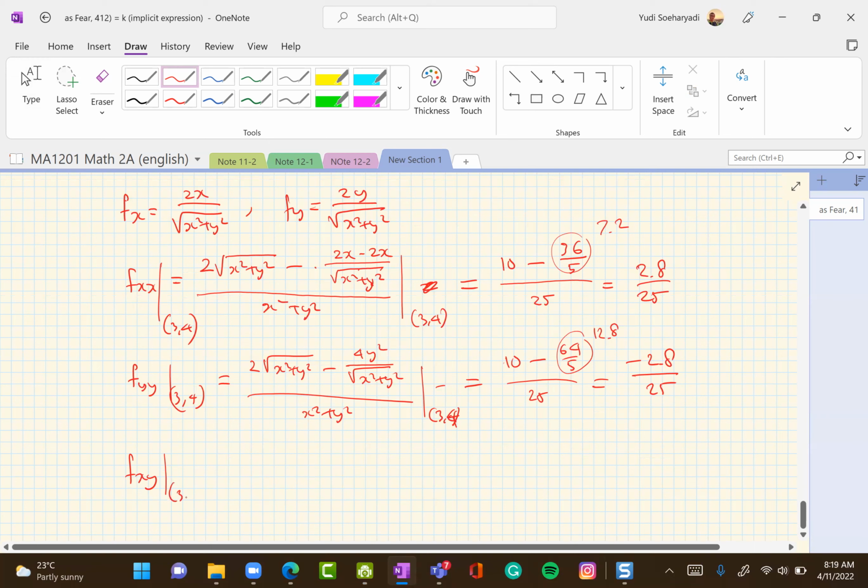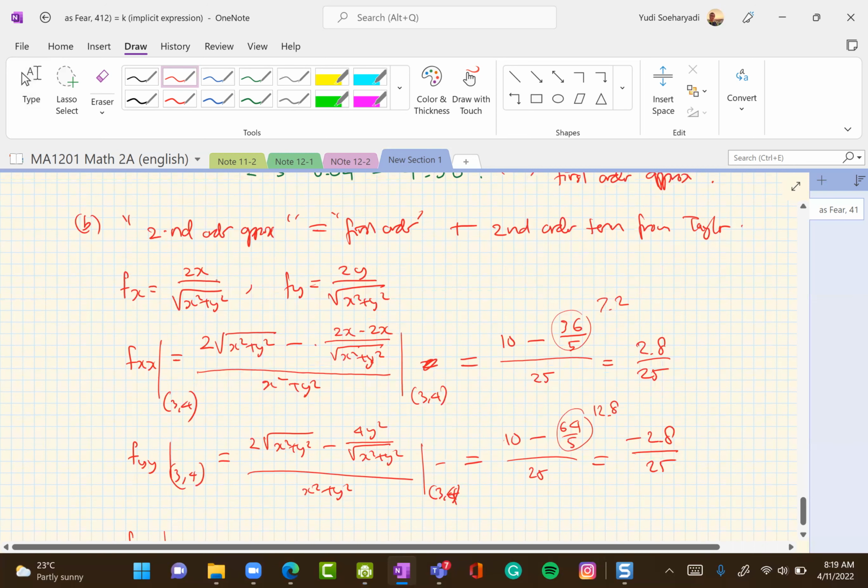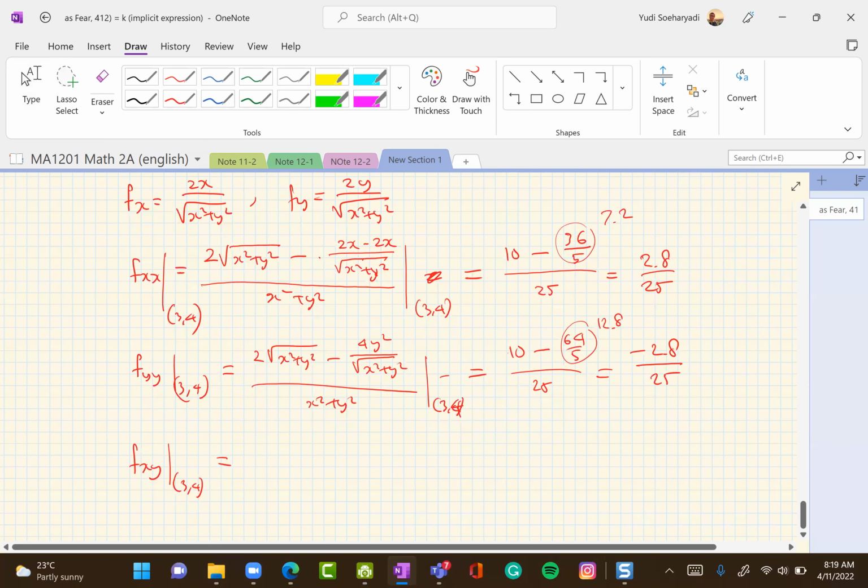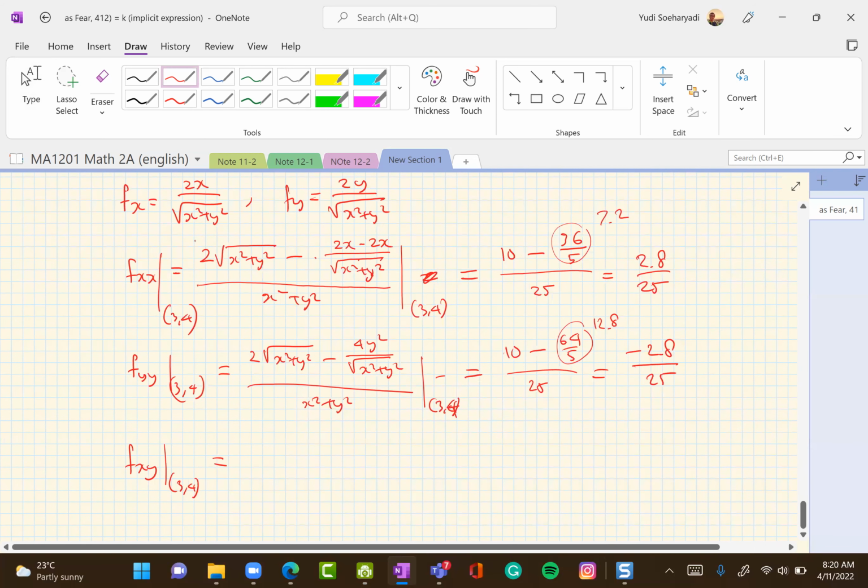Okay. And then you compute fxy. What is fxy? X derivative with respect to y. Okay, and that's easy because now it becomes power 1/2, power 1, 3 halves.